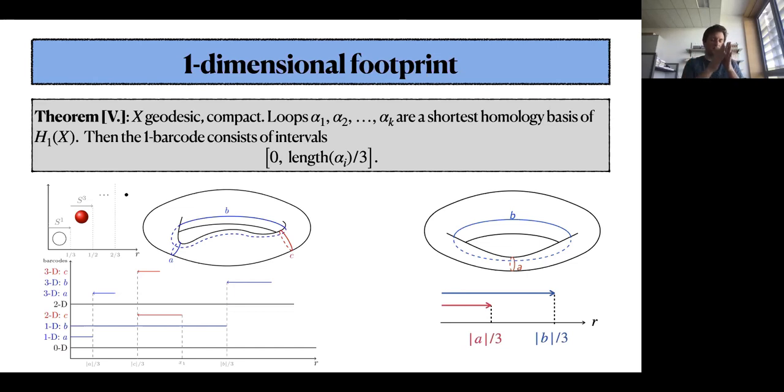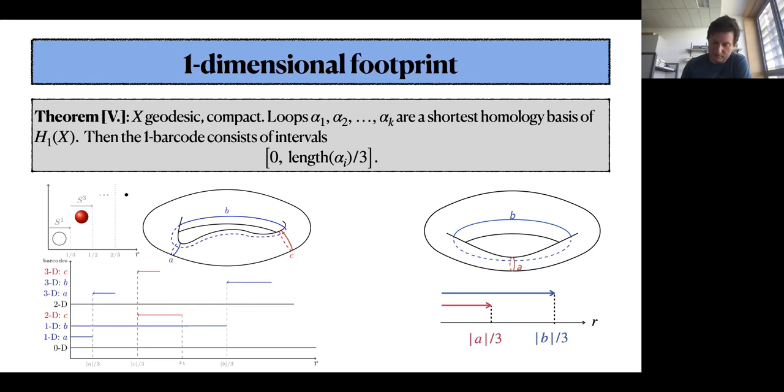So you start with small r's, the Rips complex, the fundamental group of the Rips complex of, let's say, a manifold is isomorphic to the fundamental group of the manifold. And as you increase r, you're actually just chopping off loops by their lengths.